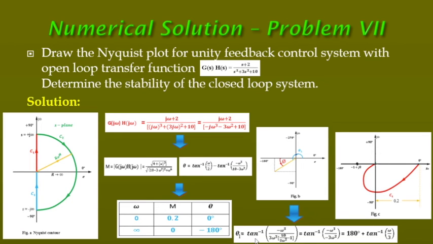Then calculate the value of theta 1. Taking common 3 omega square from denominator, so 10 divided by 3 omega square minus 1. So from this equation we get minus omega cube divided by 3 omega square. Omega omega cancel, then we get minus omega divided by 3.